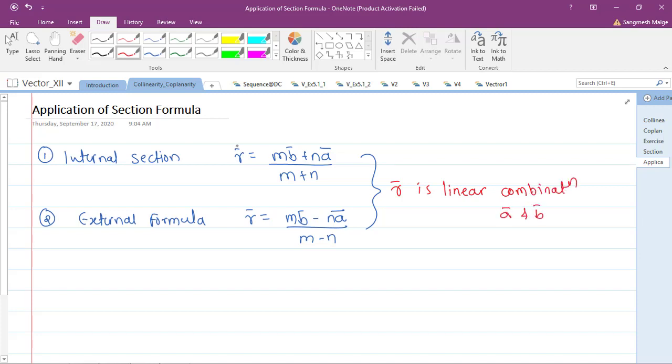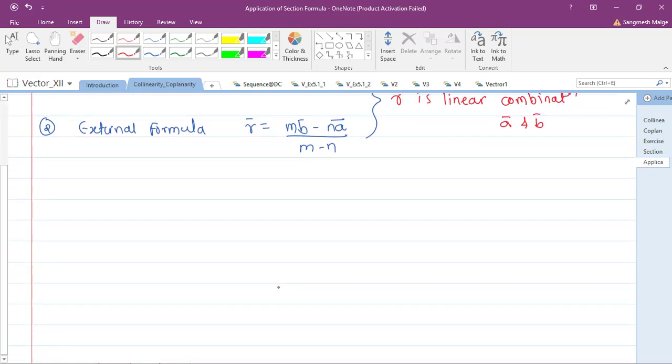Yes or no? Because some constant into B bar plus some constant into A bar is equal to R bar. That is a linear combination of vectors. And whenever we have this linear combination, we say that all three vectors are coplanar. So in this way also we can look at the internal and external section formula.